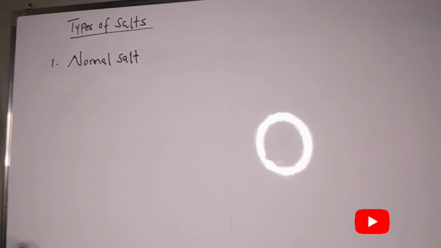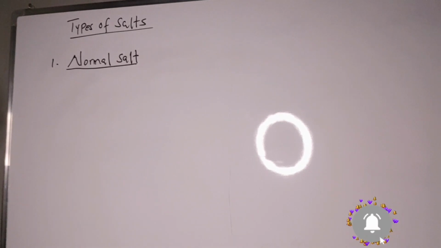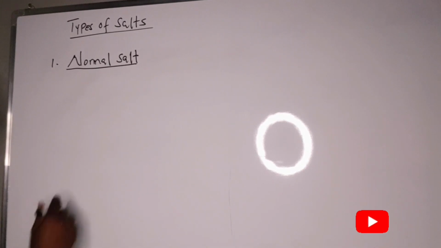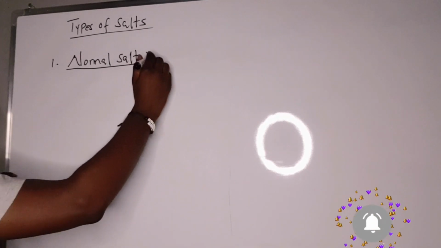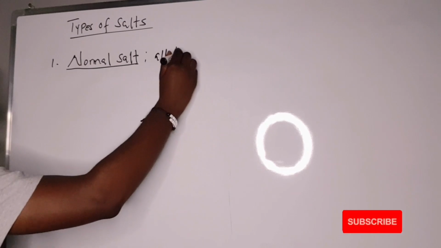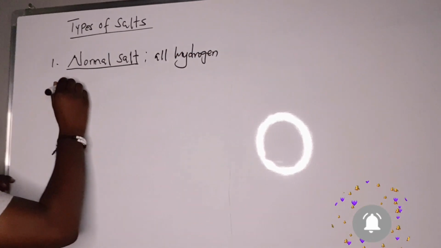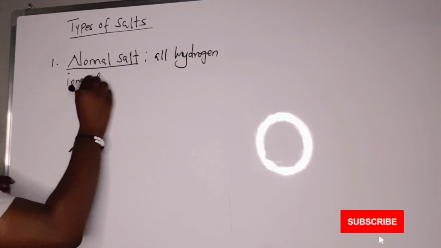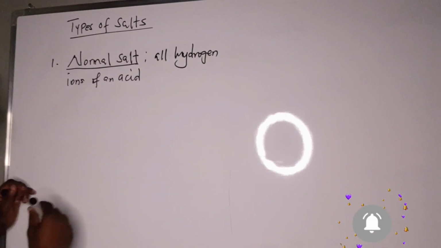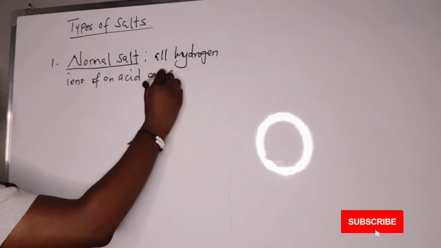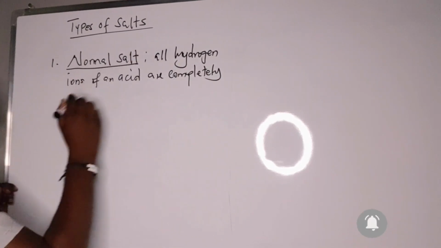Normal salts are formed when all the hydrogen ions of an acid are completely replaced.